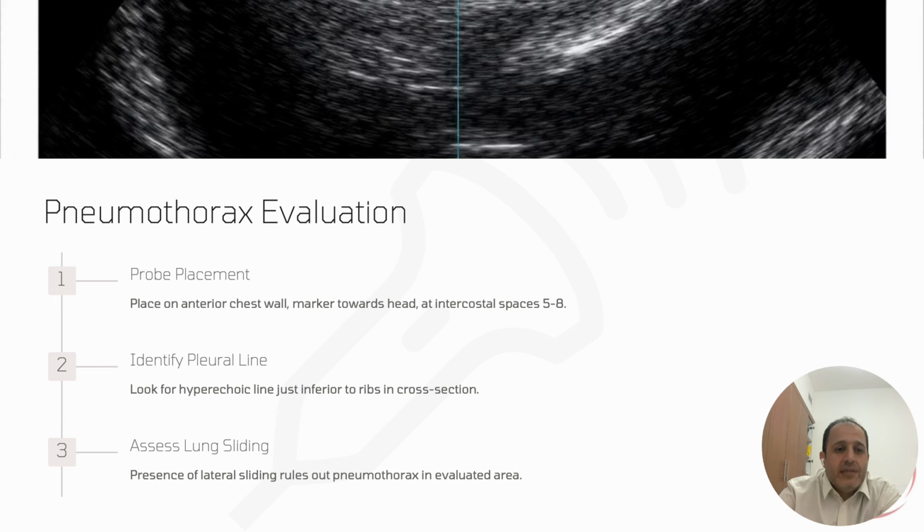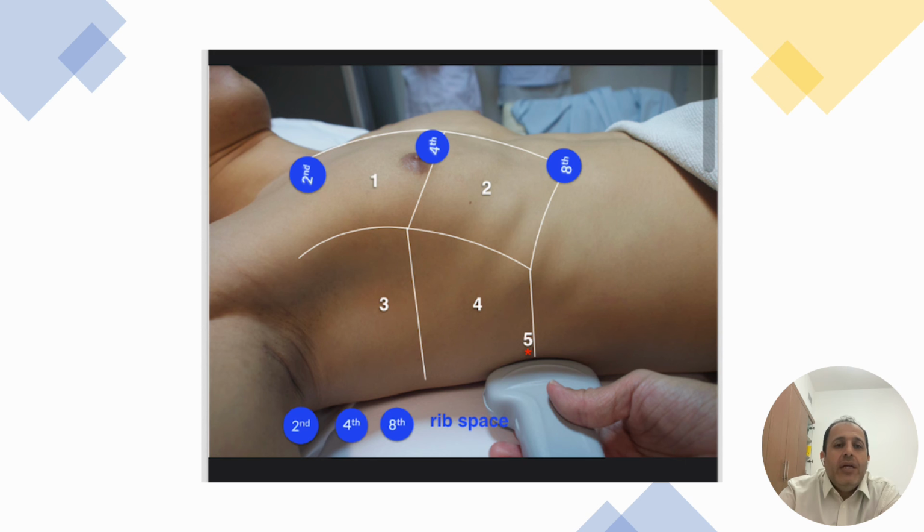For the pneumothorax, probe placement is very important. We should identify the pleural line and assess lung sliding. So we divide the chest into 5 parts: in the anterior, one as upper, two as lower chest, the axillary line three and four, and one here as just paravertebral, and it is the fifth part.